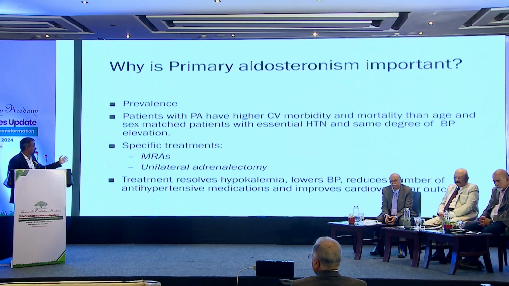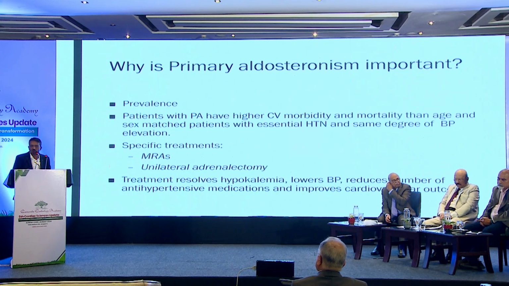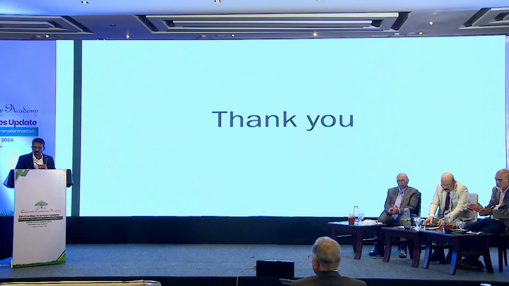And now we know that we have a specific treatment for that, MRAs or unilateral adrenalectomy, and treatment is going to resolve all the ill effects or adverse effects of hyperaldosteronism. And that is the beauty of diagnosing a secondary cause of resistant hypertension and treating it adequately. So thank you for your patient listening.